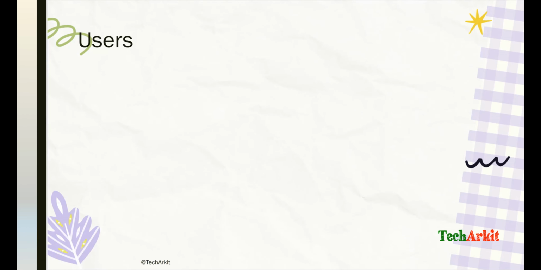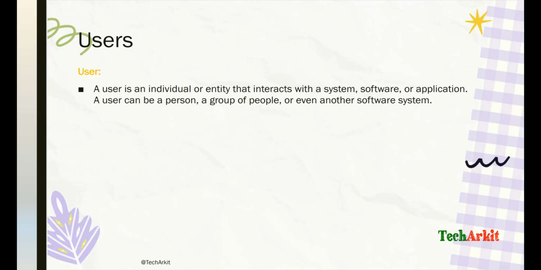So let's see what the user actually is in terms of AWS. A user is an individual or entity that interacts with a system, software or application. A user can be a person, a group of people, or even another software system.